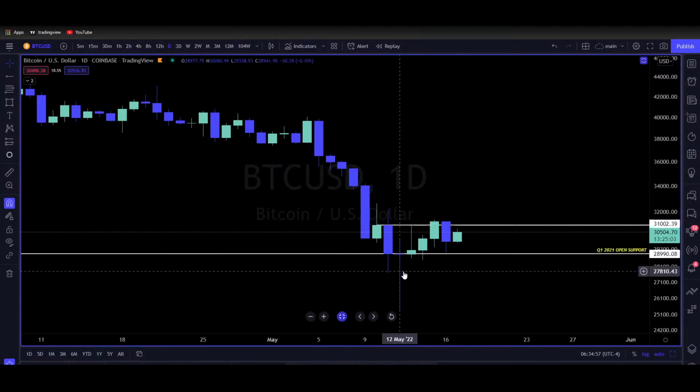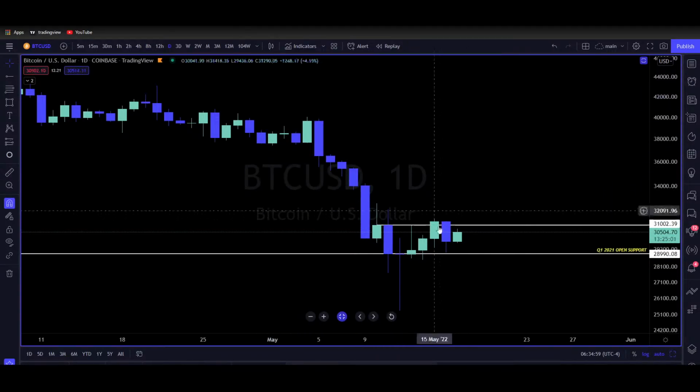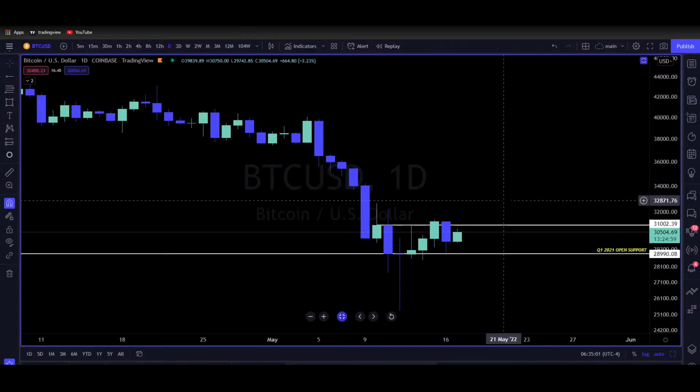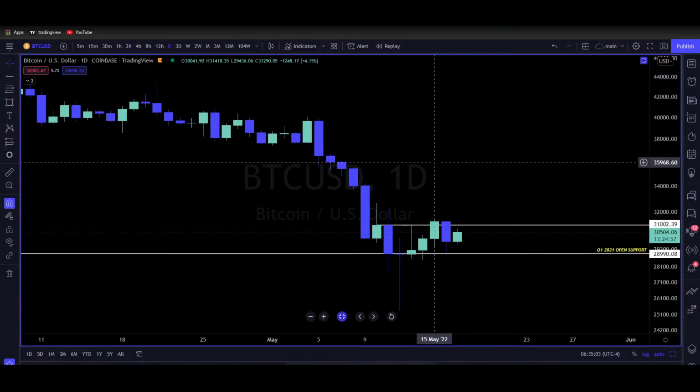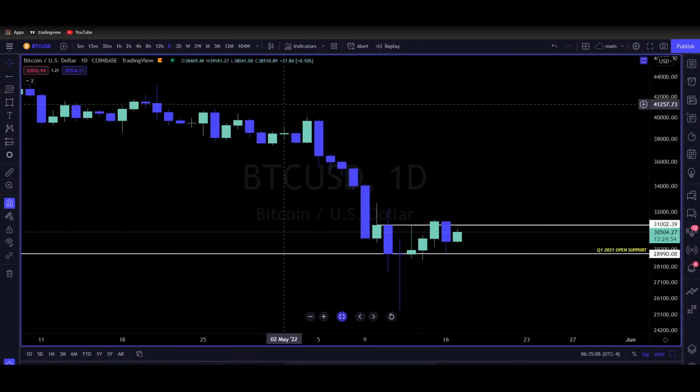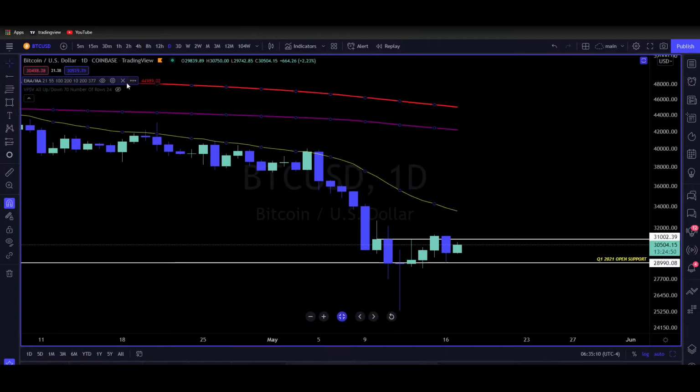I hate trading that way because it's in a down market. This is a down trend. You're bearish on the year. No matter how you look at Bitcoin, it is bearish. But when you get very far extensions away from your 21 especially, I mean, this thing was very far away from the 21, you got to expect a return, a reversion trade, a return to the mean, a bounce.